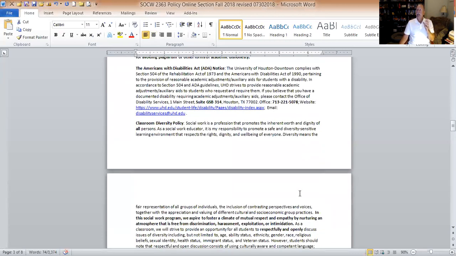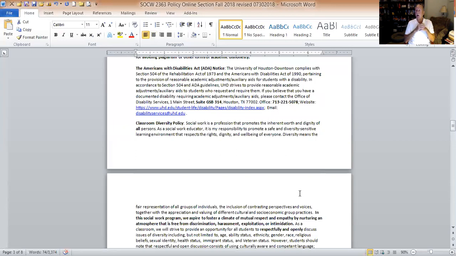Terms of accommodations for learning abilities and differences. If you have a learning accommodation plan with the university, then I will very often get a copy of those. So those will come to me.